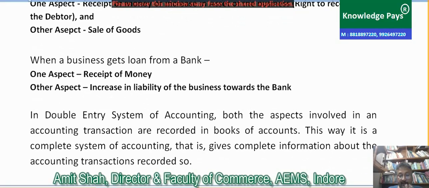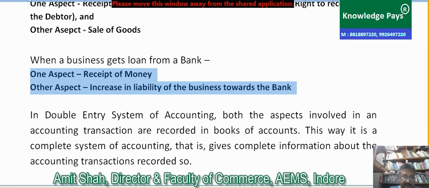Have you got this, Tanu? In double entry system of accounting, what we do is that we record both the aspects of a transaction in our books of accounts. So this way, later when we refer to a transaction that we have already recorded, we get to know complete information about that transaction.